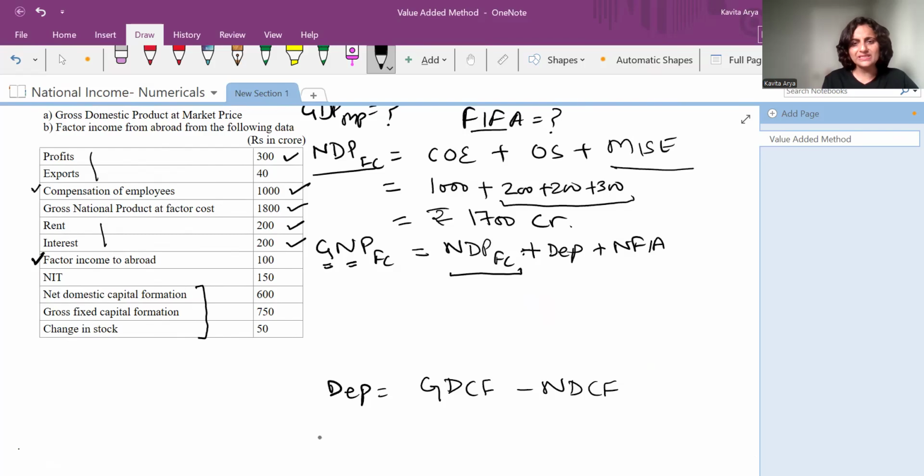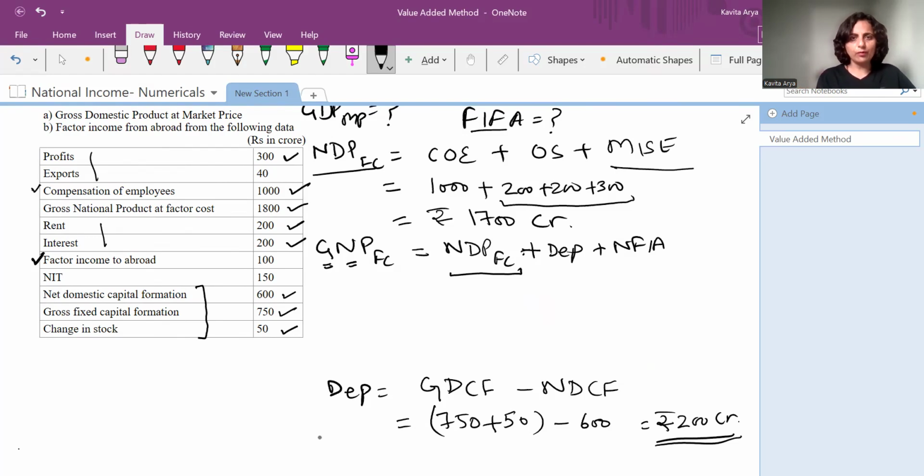Gross domestic is not given to me, it's gross fixed 750, so I have to add inventories or stock here. So I will write 50 here. This becomes gross domestic capital formation, 800, minus net domestic capital formation, that is 600. So 800 minus 600 gets you rupees 200 crore as your depreciation.